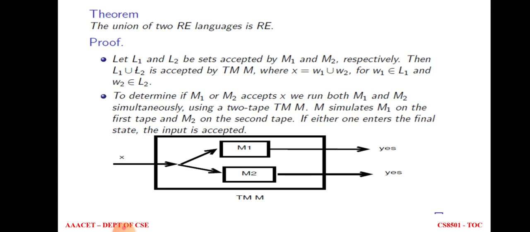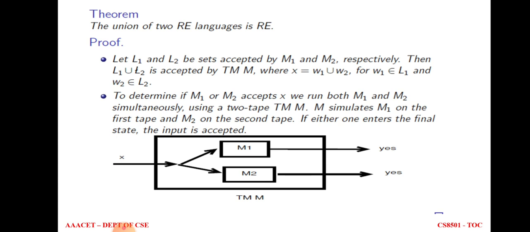So here we have to determine whether either of the Turing machines, M1 or M2, accepts the input string X. For this determination, we have to run both Turing machines M1 and M2 simultaneously. Here we are using a two-tape Turing machine.